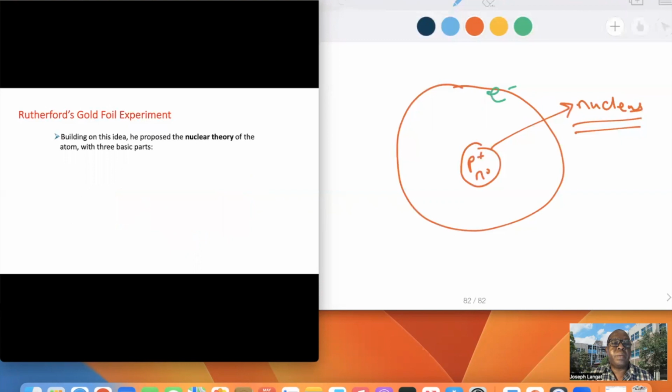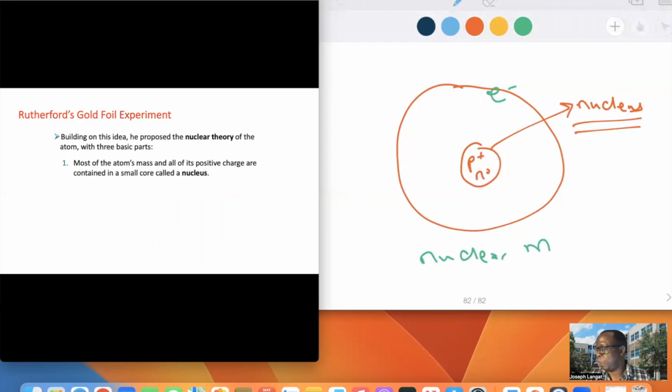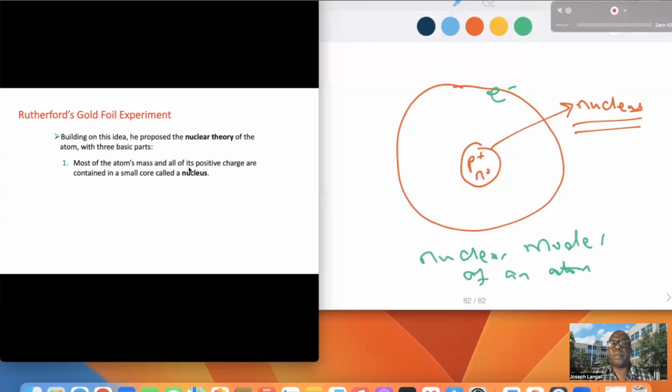Building on this idea, he proposed the nuclear theory. This is what we call the nuclear model of an atom. The nuclear theory proposed that the three basic parts of an atom include the nucleus, which is what I've indicated in there.